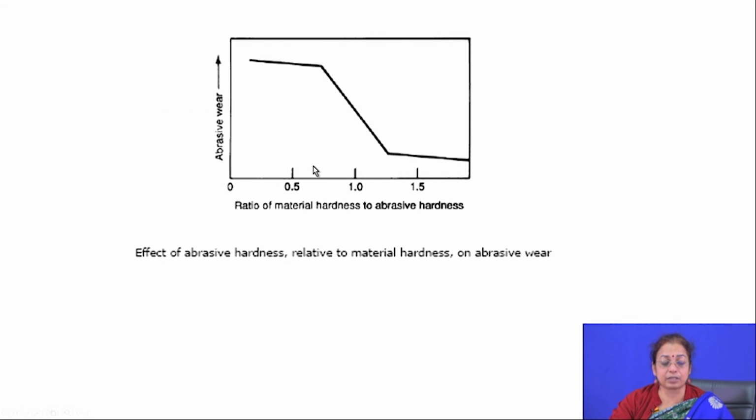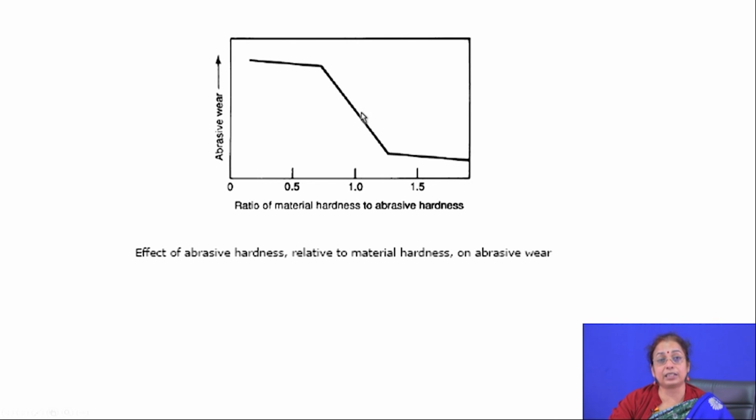Now, as I mentioned, almost all kinds of abrasive wear can be prevented if you increase the hardness of the surface. So, up to what extent should you improve the hardness of the surface? Usually, it is observed that when the component surface hardness is 1 to 1.5 times that of the base metal of the mating surface, only then do you get the best result.